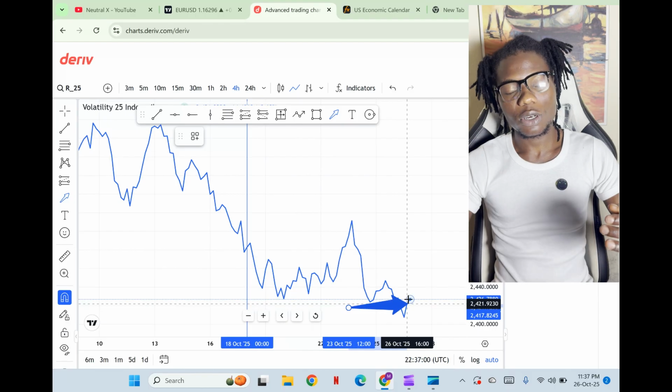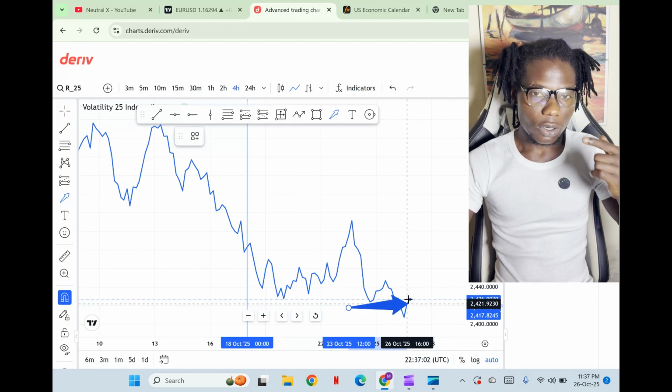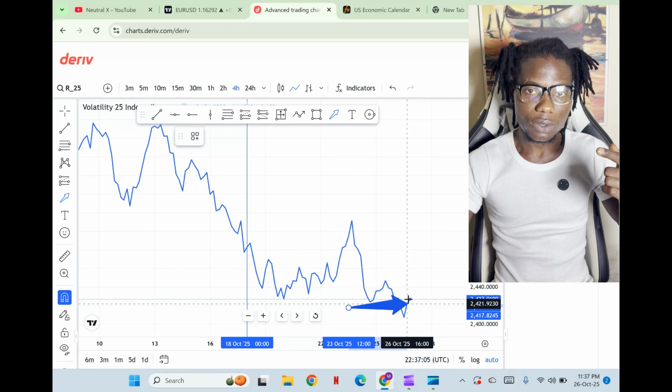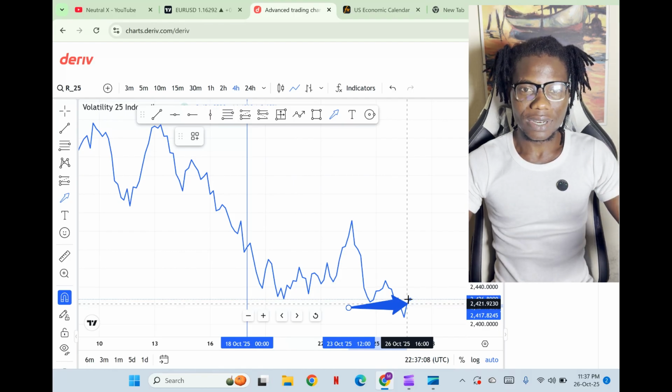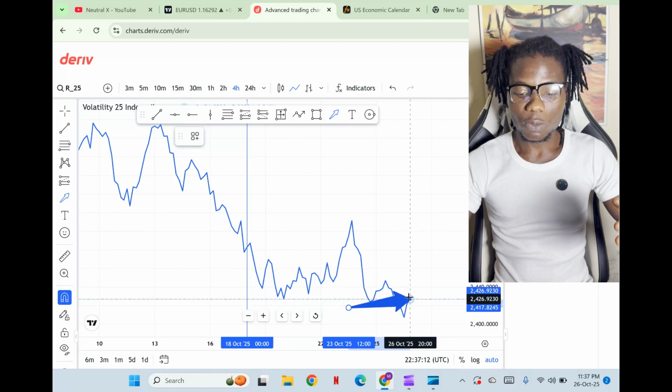Okay, because we measure candles close, open and close, right? While the wicks, we say the wicks are for price extension, right? So since the wicks are for price extension, this is what we'll be doing.